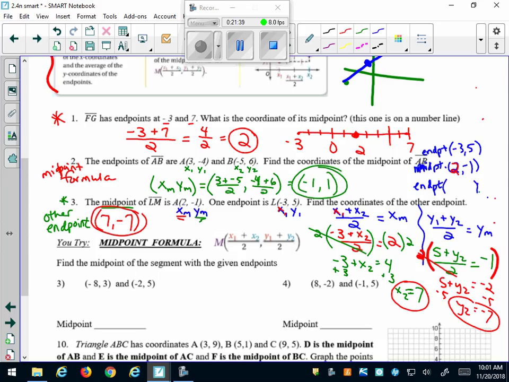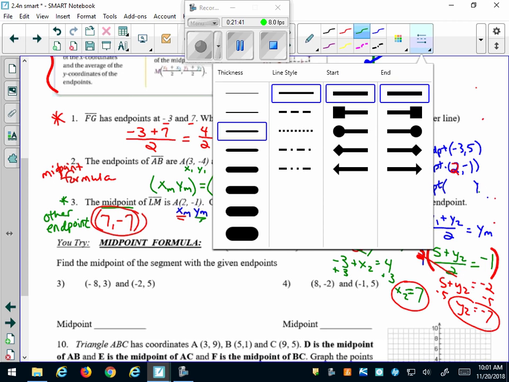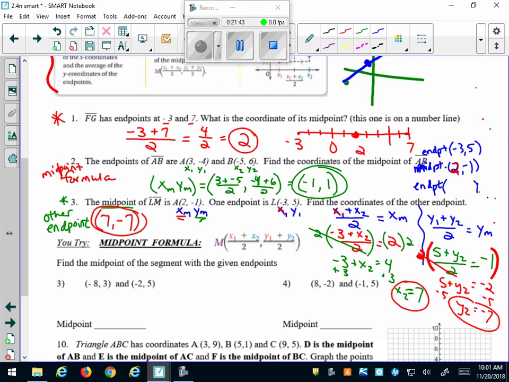So plus 5. Well, if the midpoint is halfway between, that means it should be another plus 5 to get to the other endpoint. Right? So you do 2 plus 5 and you get 7. From negative 3 to 2 is 5, so then we have to go another 5 to get to 7.